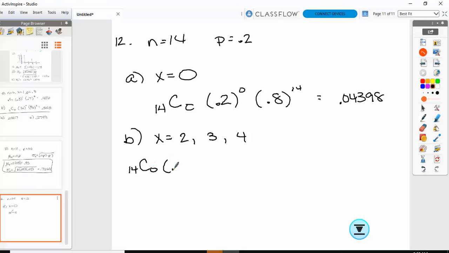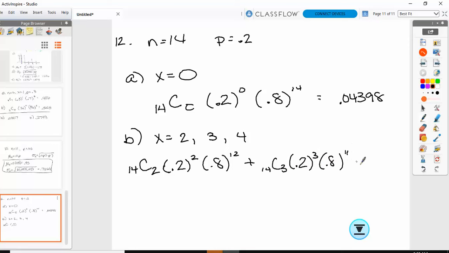Shortcut, guys, if you just put this in your calculator, this should be 14 choose 2. So hit second enter and bring it back up and then just change. So we want 14 choose 2, 0.2 squared, 0.8 to the 12. We want to do 14 choose 3, 0.2 cubed, 0.8 to the 11th.